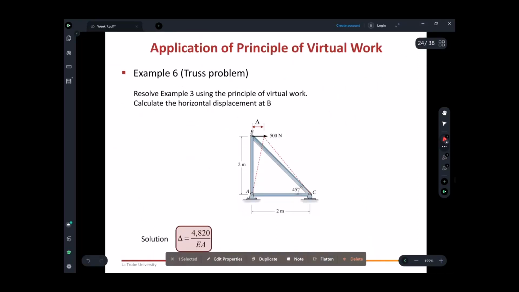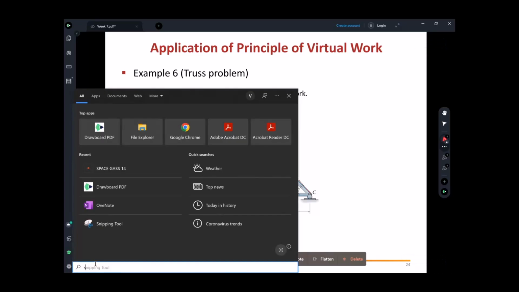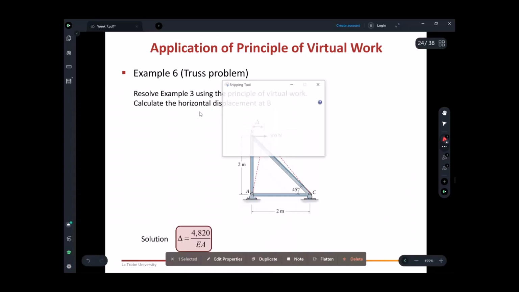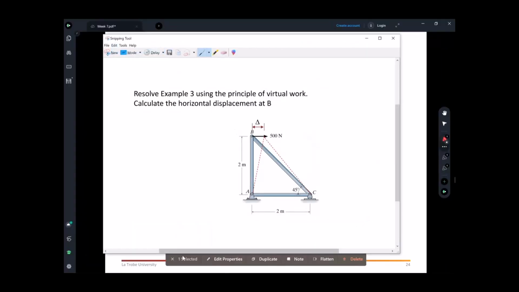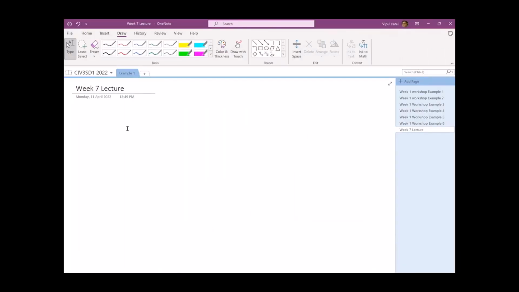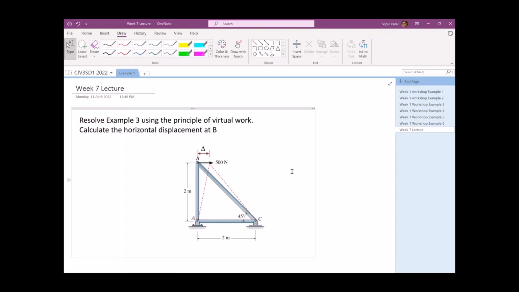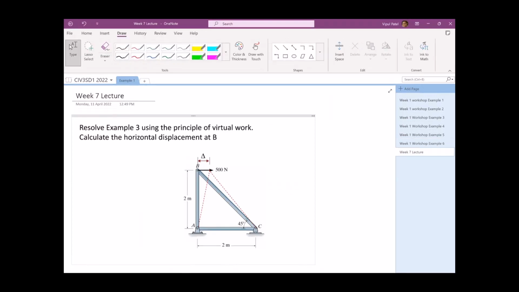So let's solve this example by writing it, not just walking you through, so it will give you more insight on that example. And I will show you Excel as well. We can use the Excel sheet to do some of the calculations.